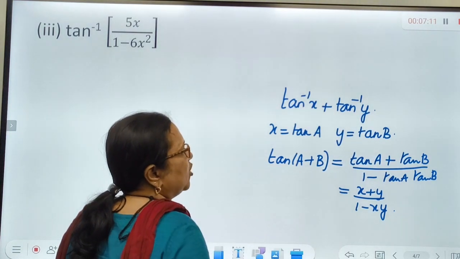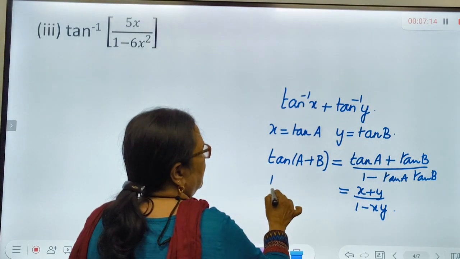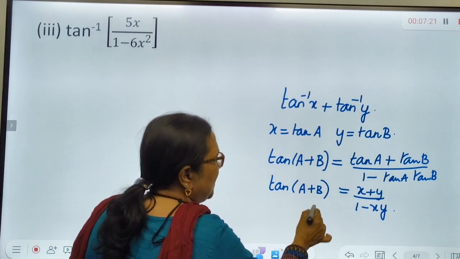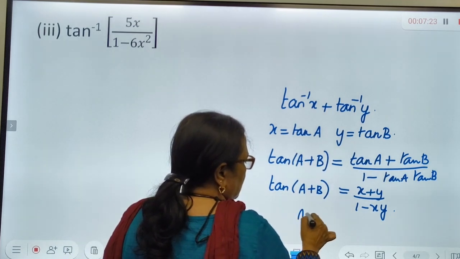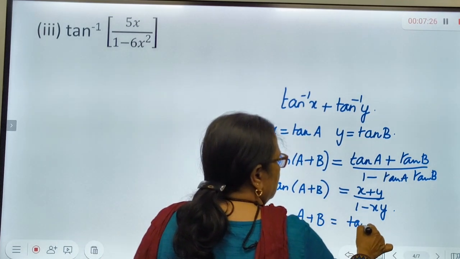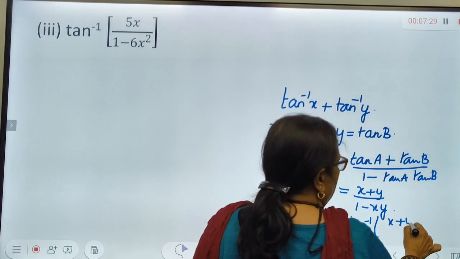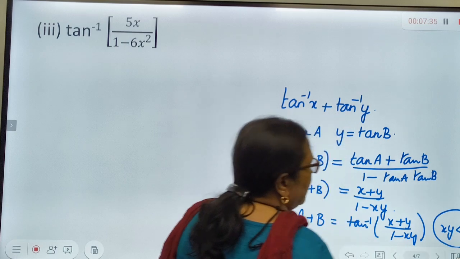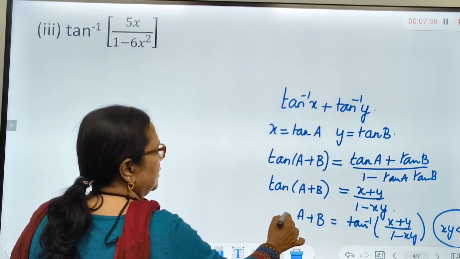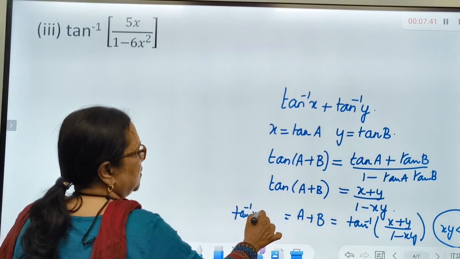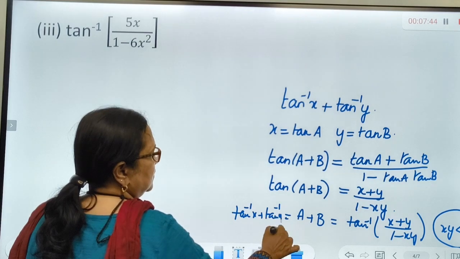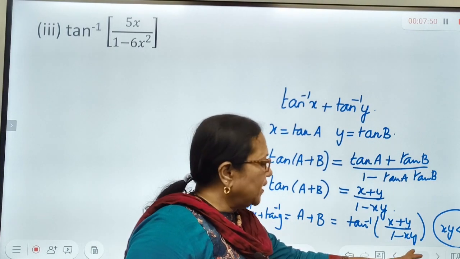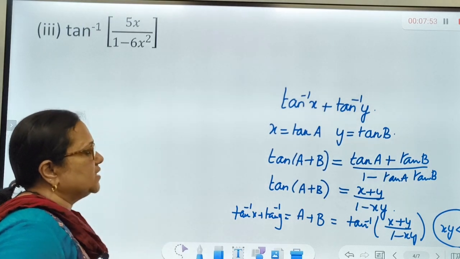Okay, now this is tan of A plus B. So A plus B is tan inverse of x plus y by 1 minus xy. Of course, this is defined only when xy is less than 1. This is an important condition. But what is A plus B? A is tan inverse x, B is tan inverse y. So tan inverse x plus tan inverse y is tan inverse of x plus y by 1 minus xy whenever xy is less than 1.